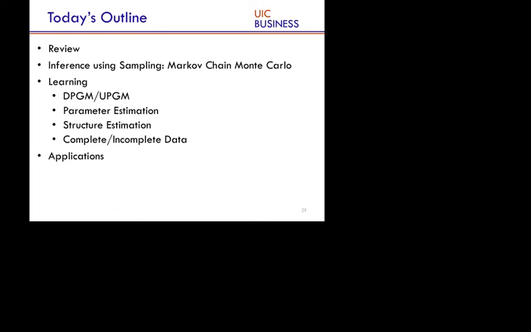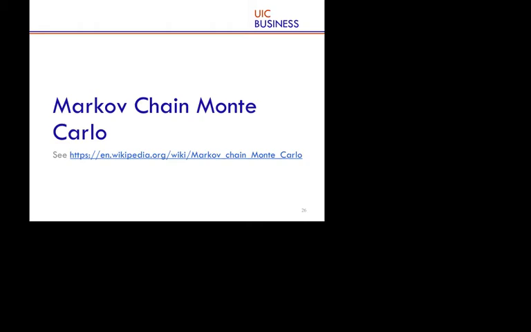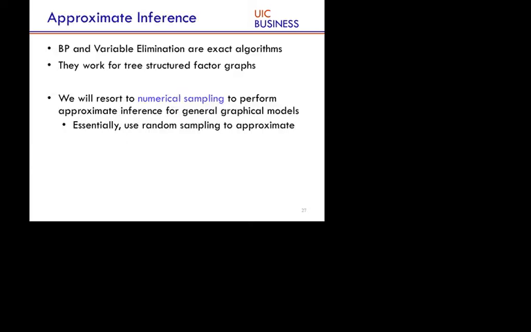So in inference, we looked at variable elimination and we looked at belief propagation. We're going to look at one additional set of methods called Markov Chain Monte Carlo methods, and these will be useful in doing approximate inference. So what do you mean by that? BP and variable elimination compute the exact marginal probability, or the exact max marginal, for example.